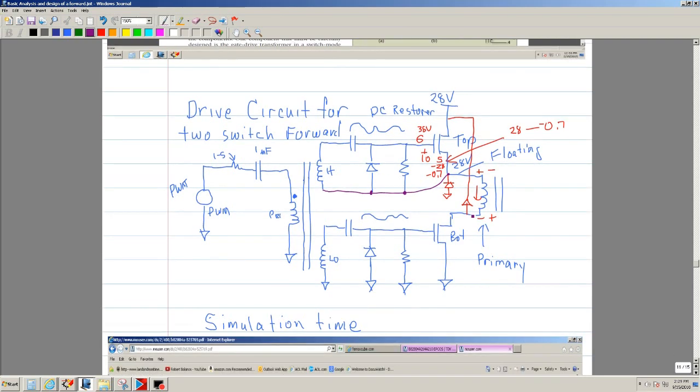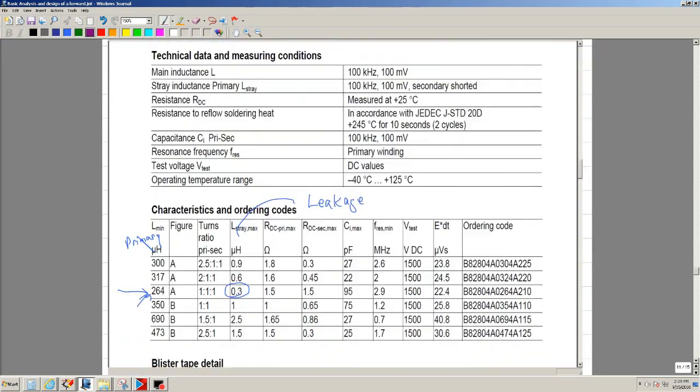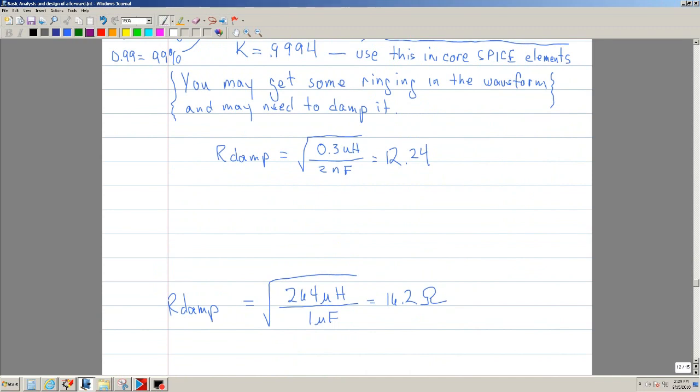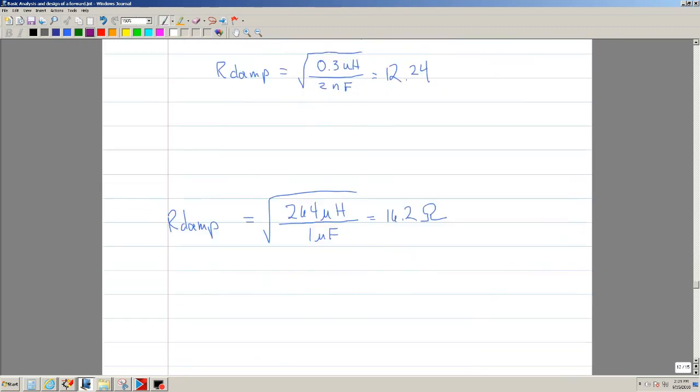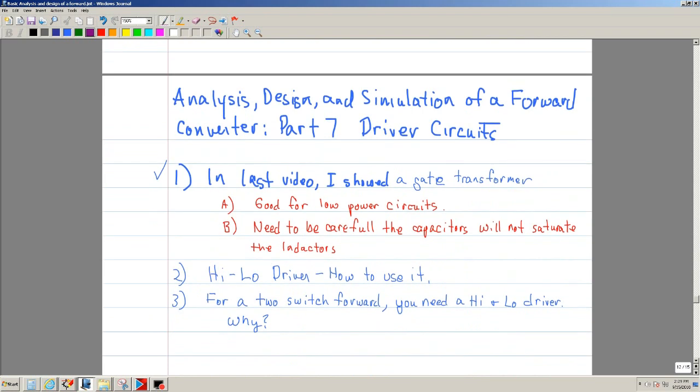This is a simple drive, and you can use this if you have a small power supply, not too much power. Now, it does have a disadvantage. I mentioned that it's good for low power circuits, but you have to be careful that the capacitors will not saturate the inductor.